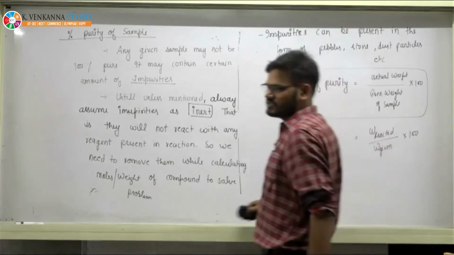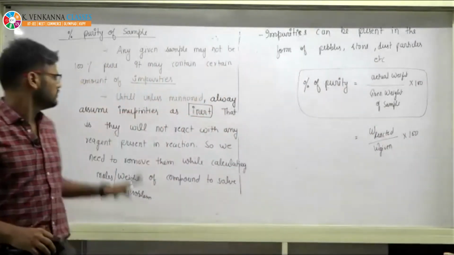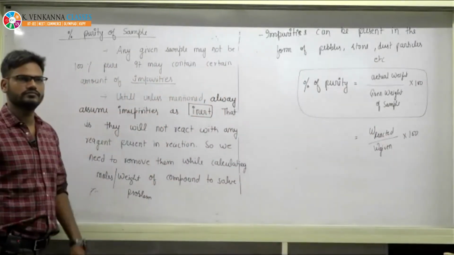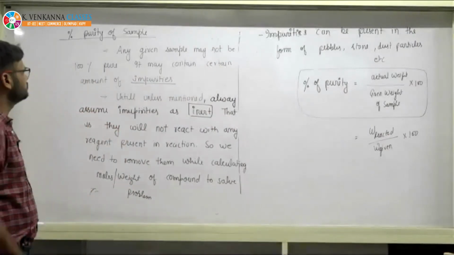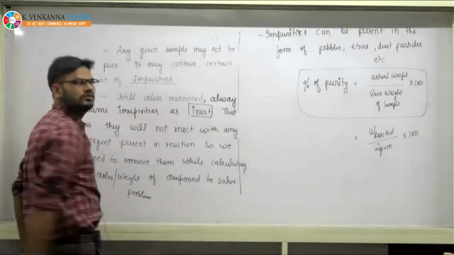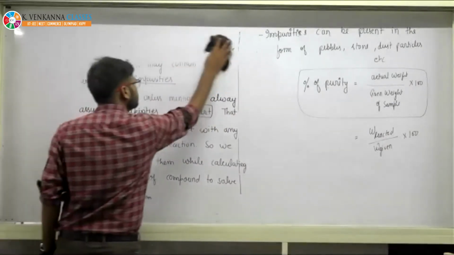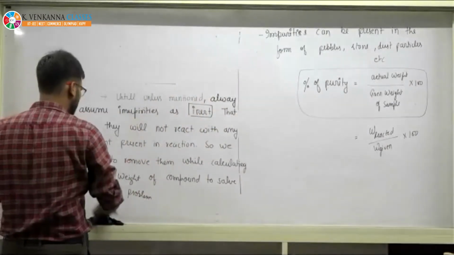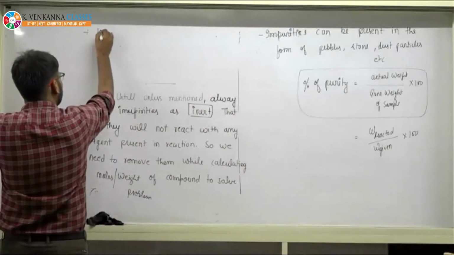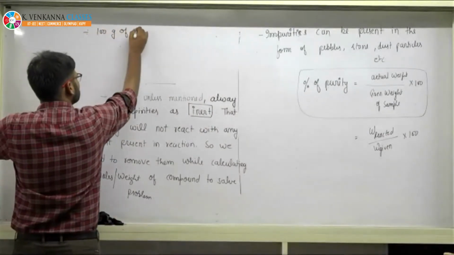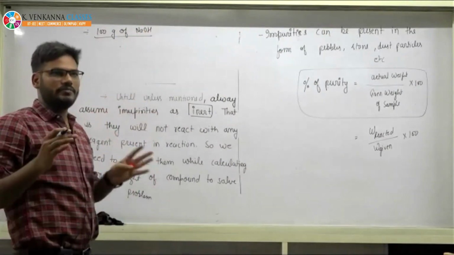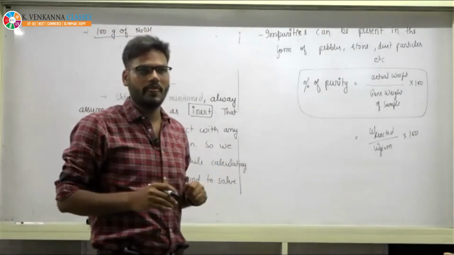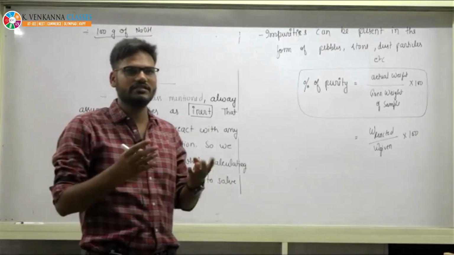See, till now what was happening? If in any question it is given 100 gram of NaOH, it means complete 100%, 100% pure. It is not saying that something else is present.